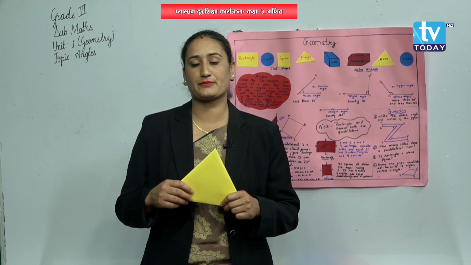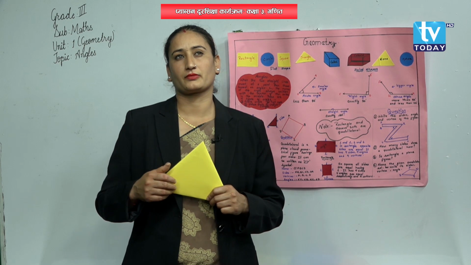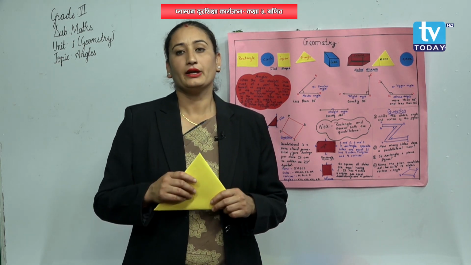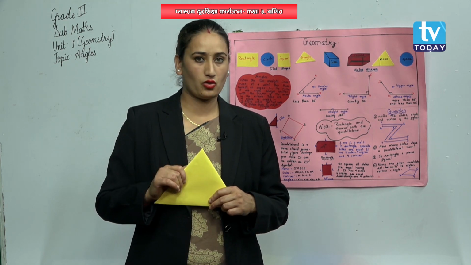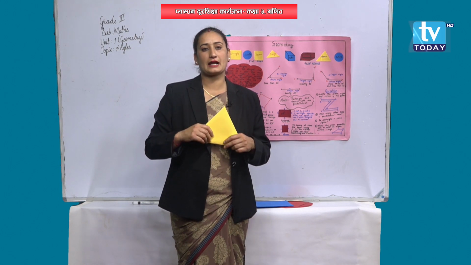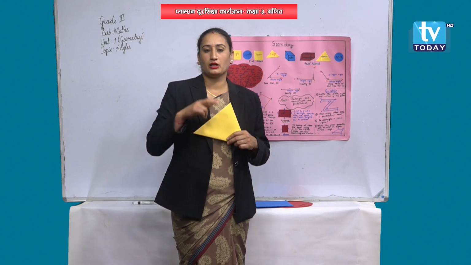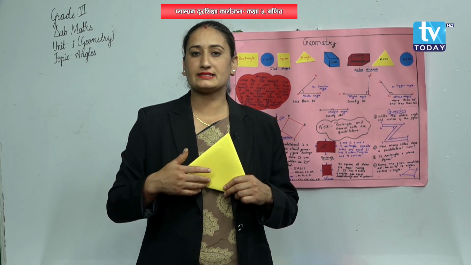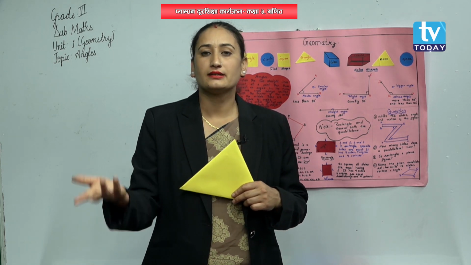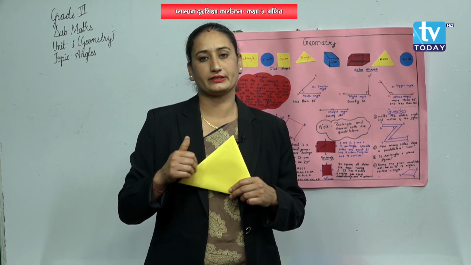Then the next one is the isosceles triangle. What do you mean by isosceles? Okay, in a triangle, if two sides are equal, having lengths 4 cm and 4 cm, and one of the sides is 5 cm, that means what? Two sides are equal, one side is unequal. That means we call it an isosceles triangle. Done? Yes.